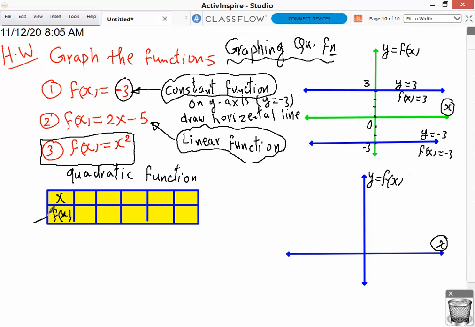And again, every time I'll make you remember this y is f of x. Don't forget it. Then here, according to x squared, if you put 0 in the middle, what is the value of x squared? 0. You understand how to substitute?